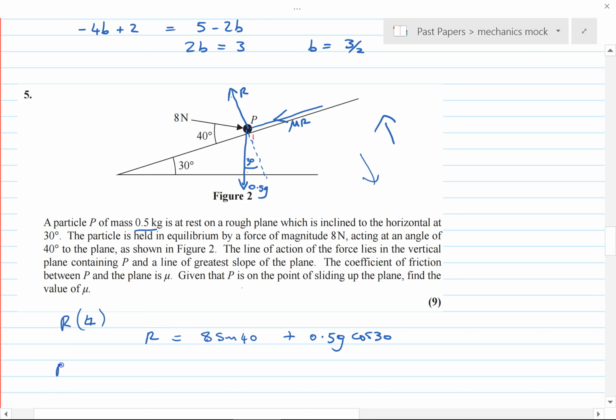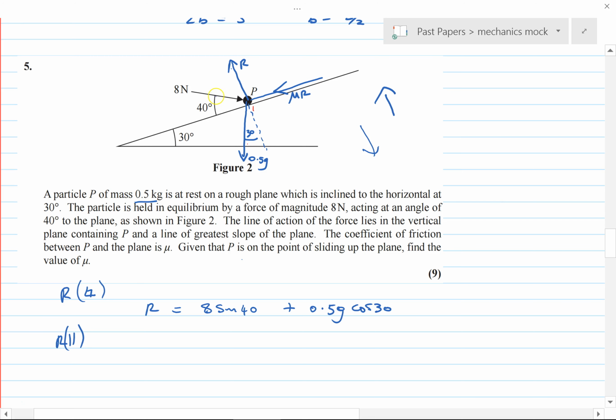Now let's resolve parallel to the plane. Going up the plane, as I said before, this component here is going to be, because it's next to this angle here, 8 cos 40. But we've got the component of the weight going down the plane, and that's 0.5 g sine 30, because it's away from the angle I've marked there.